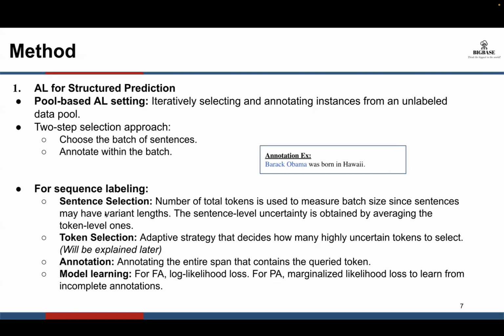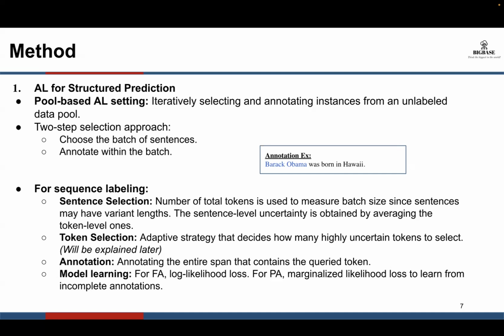And here for sequence labeling, they explain some of the steps, but for other types of tasks, it will be similar to this also. So they said for sentence selection, they first of all decide on the batches, and for the batch size, they use the number of total tokens.